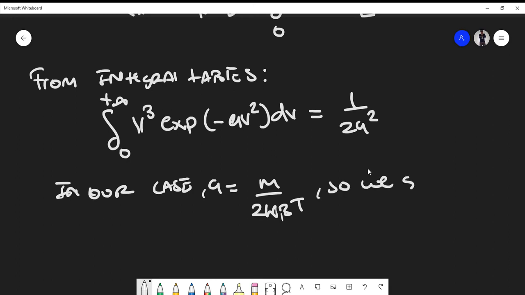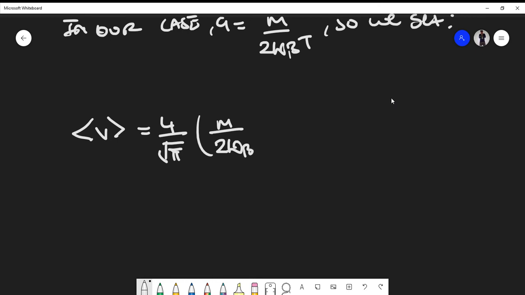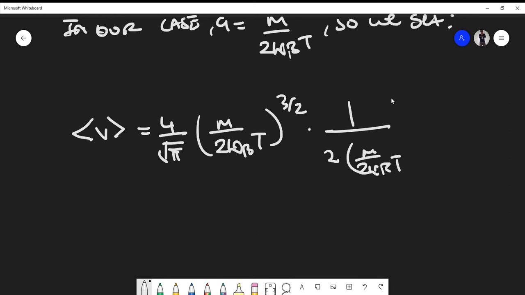So if we continue our mathematical endeavors, we actually get the average of v is equivalent to 4 over the square root of pi times m over 2kbT raised to the 3/2 power, all being multiplied by 1 over 2 times m over 2kbT raised to the 2nd power.